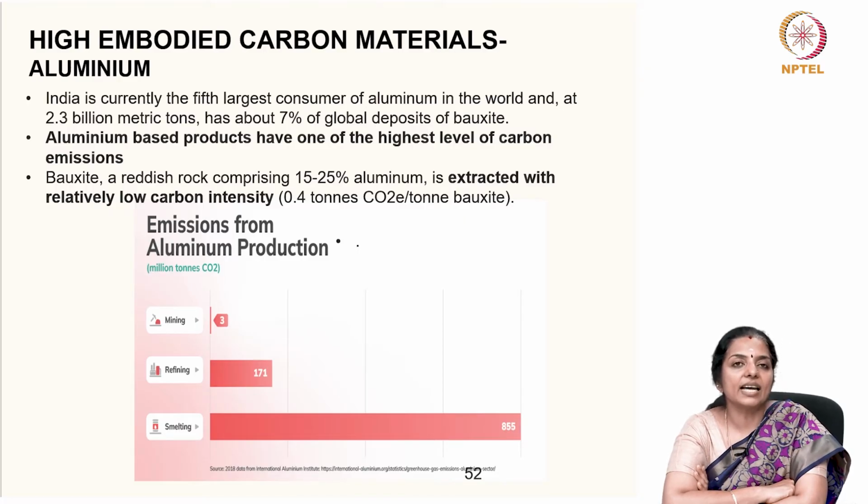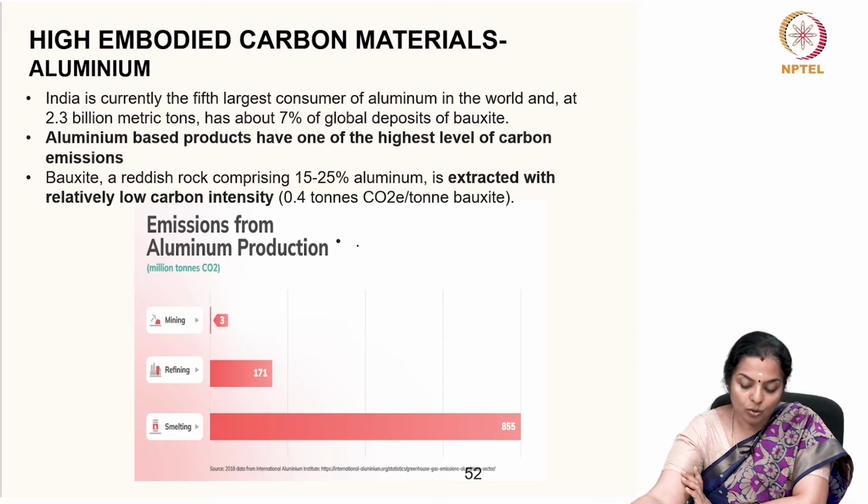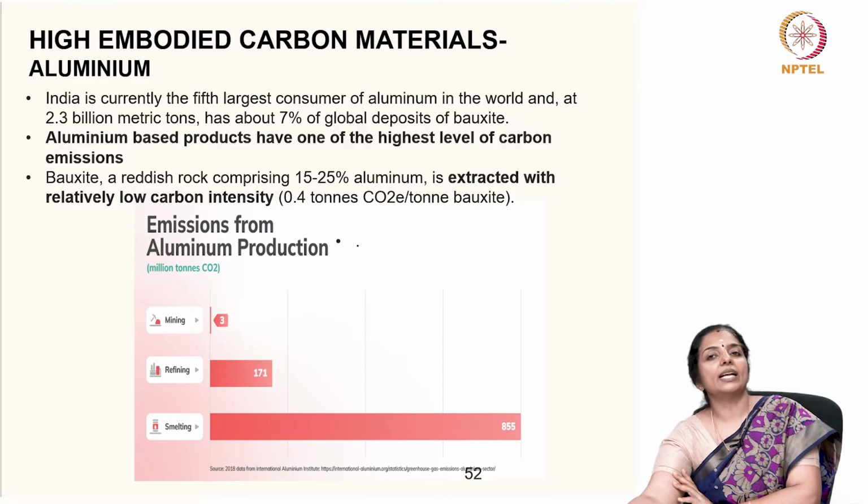Aluminum can be recycled along with the new product, and the percentage of loss during recycling is very small. In fact, it is the least. However, you can see how smelting alone accounts for a huge amount of emission during the smelting process.